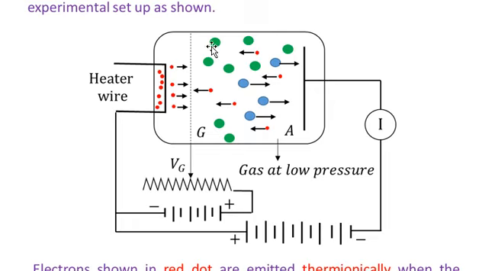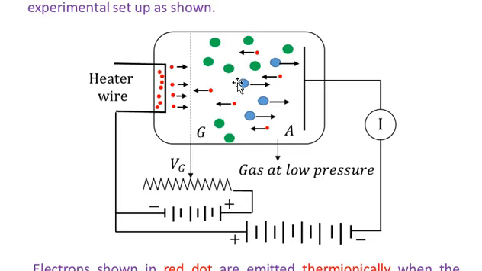The electrons will collide with these green neutral mercury atoms and will ionize them. Once these green mercury atoms are ionized, they are converted into the blue dots, and blue dots mean that they are the ionized mercury atoms.